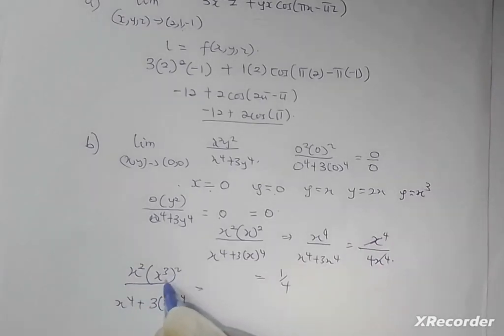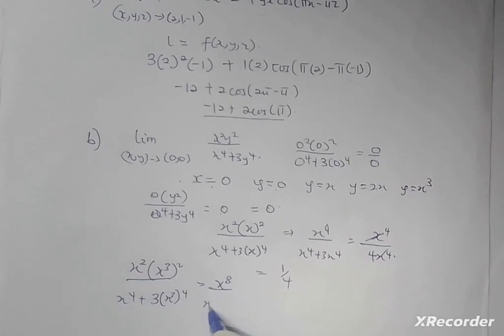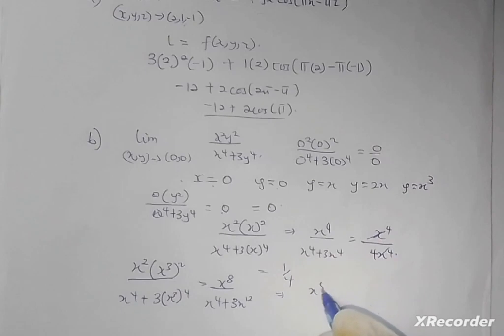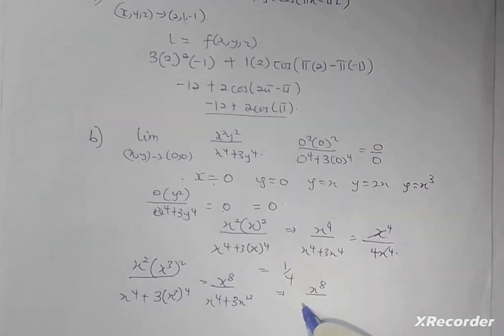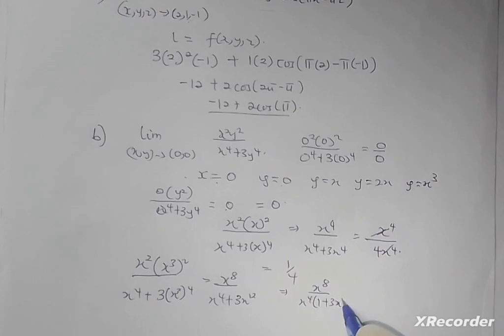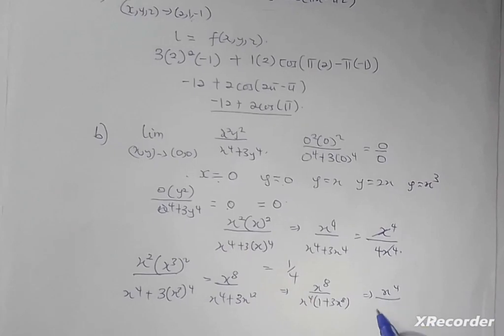This will give me x to the power 6, so x to the power 8 over x to the power 4 plus this place will give me x to the power 12, so 3x to the power 12, and this is the same as x to the power 8 over, so I'm going to factorize x to the power 4 out, so x to the power 4 times 1 plus 3x to the power 8, so this will be x to the power 4 up here all over 1 plus 3x to the power 8.